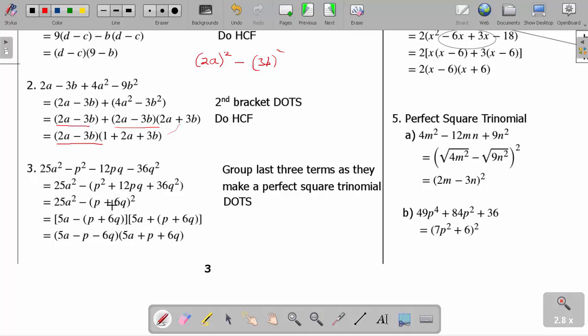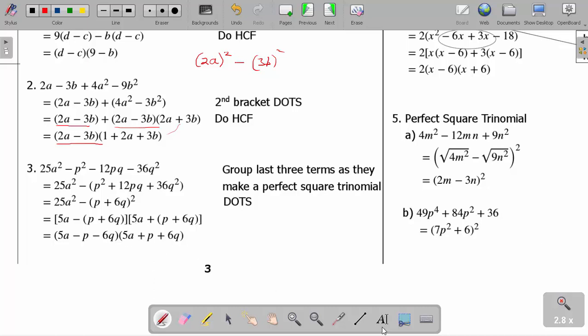Because of the difference of two squares, 25A squared is 5A squared, minus P plus 6Q bracket squared, giving 5A minus the bracket into 5A plus the bracket. Open brackets: 5A minus P minus 6Q, into 5A plus P plus 6Q.